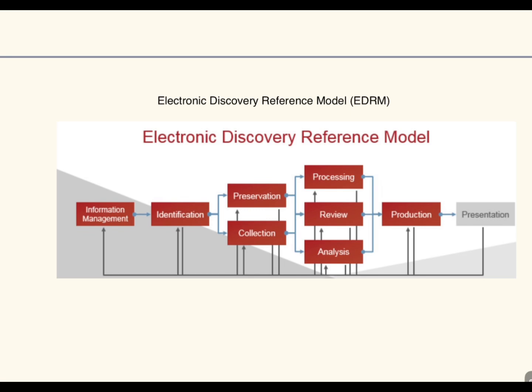You can see a simple breakdown of each phase on this image, right? For instance, the first phase is information management. This phase is an ongoing process of organizing and storing data, right?